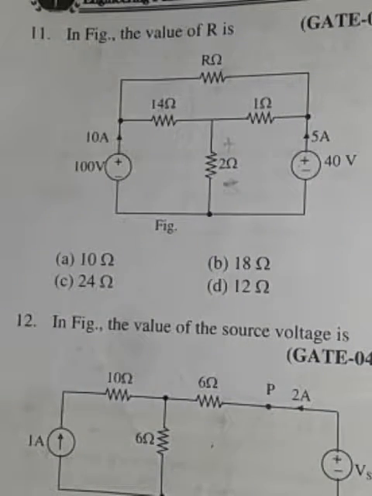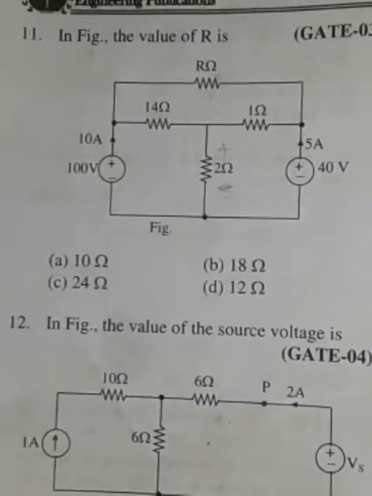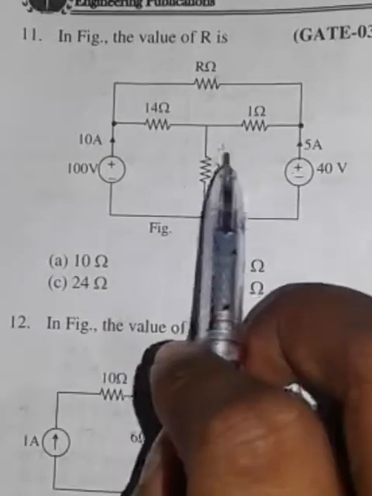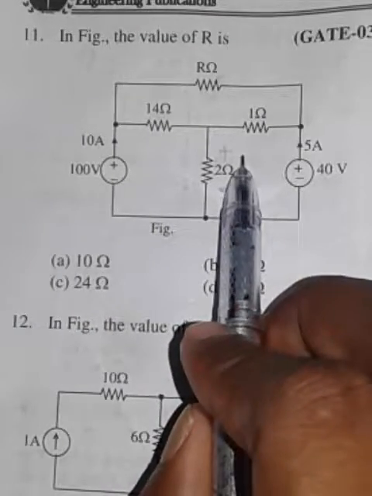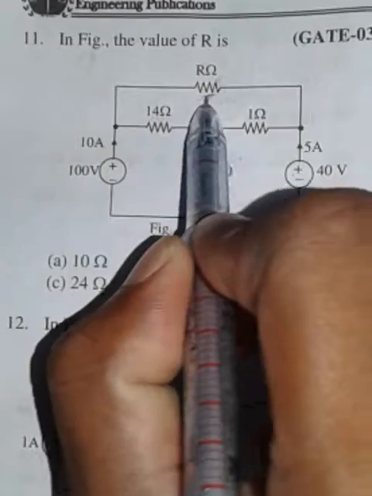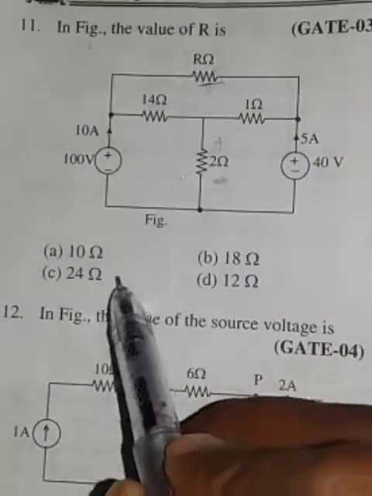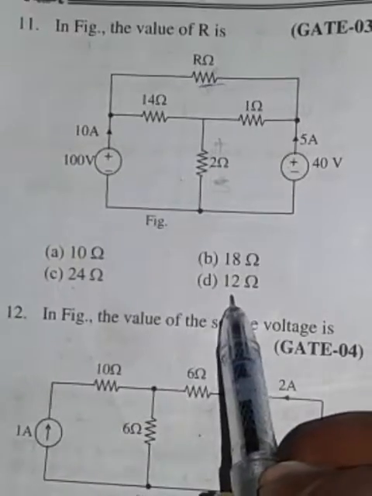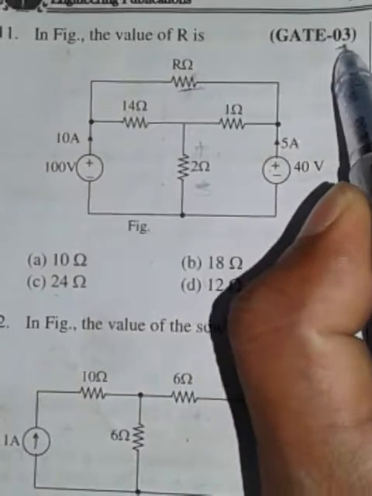Let's see question number 33. In this question they have given 2 voltage sources and 4 resistances. They are telling us to find the value of this R. Option A is 10, option B is 18, option C is 24, option D is 12. This was asked in 2003.